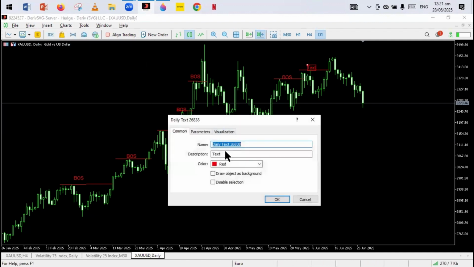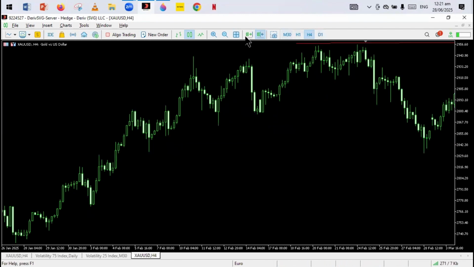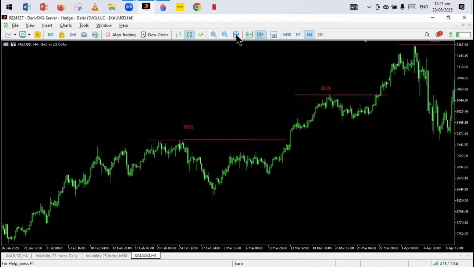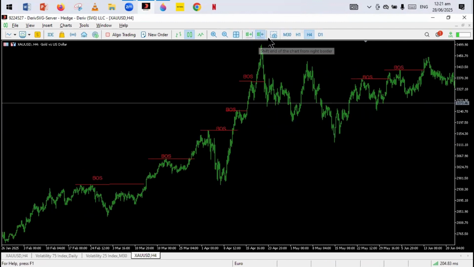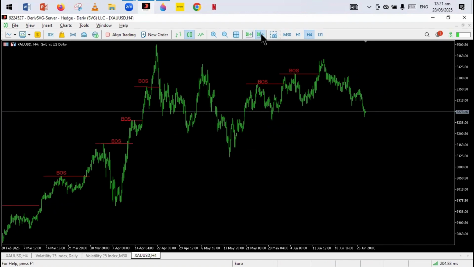Text, break of structure. Break of structure, and then you can go to the 4-hour time frame and be able to see the break of structures that we marked on the daily time frame.